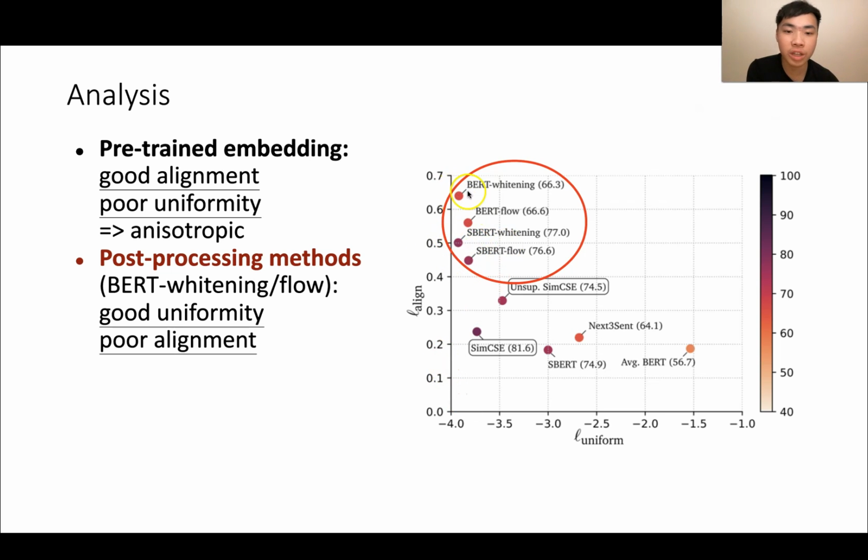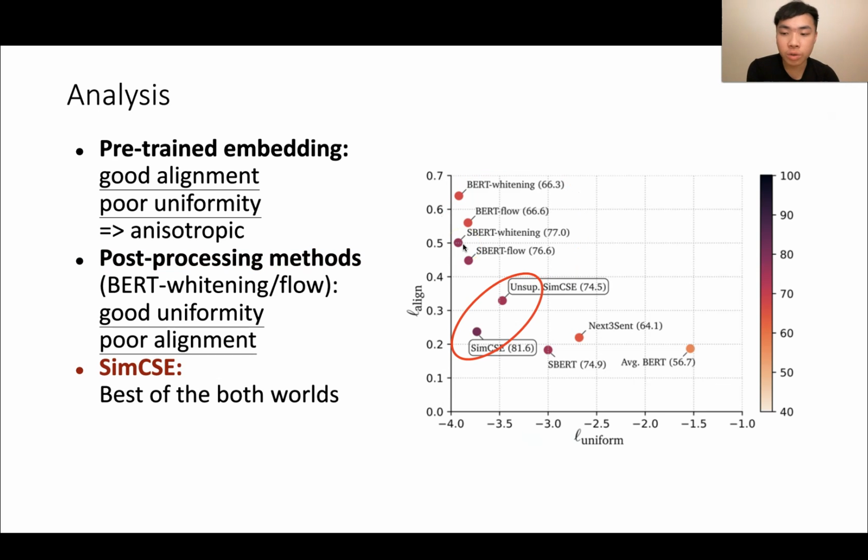So that's still not a very good representation space. You can see SimCSE here not only achieved a good uniformity, but it also achieved a good alignment. So that may be a reason why SimCSE can outperform all the other methods.